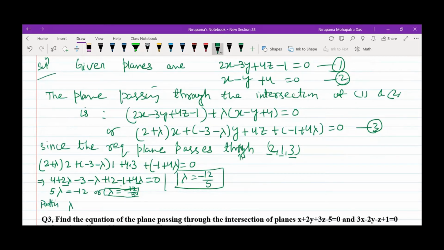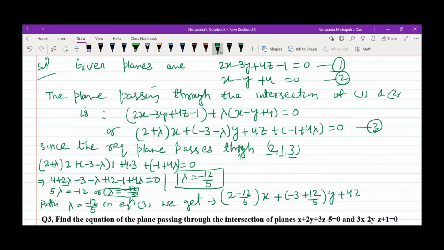Putting lambda equal to minus 12 by 5 in equation 3, we get 2 minus 12 by 5 into x plus minus 3 plus 12 by 5 into y plus 4z plus minus 1 plus 4 lambda.